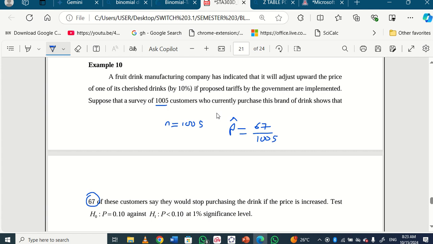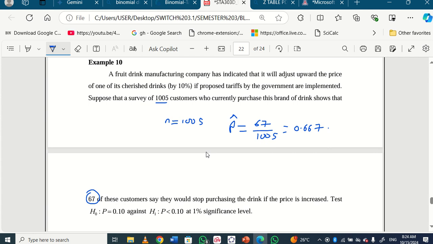Then we can just break it down to give us somewhere around 0.067. That is our proportion.